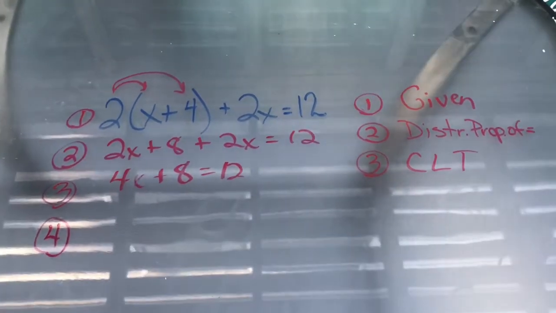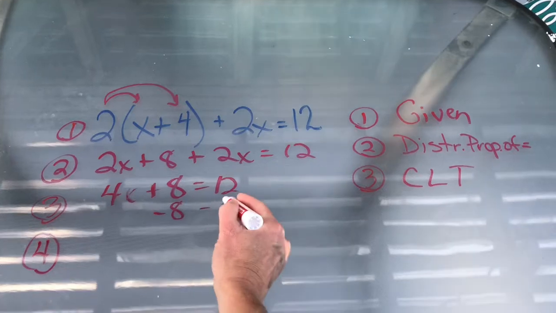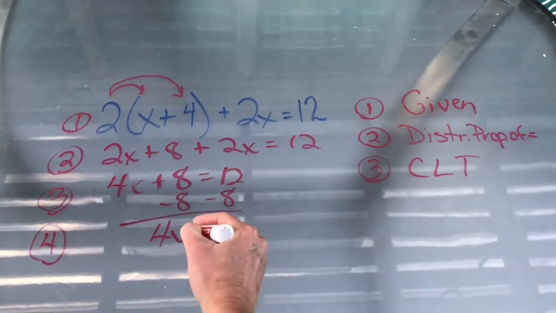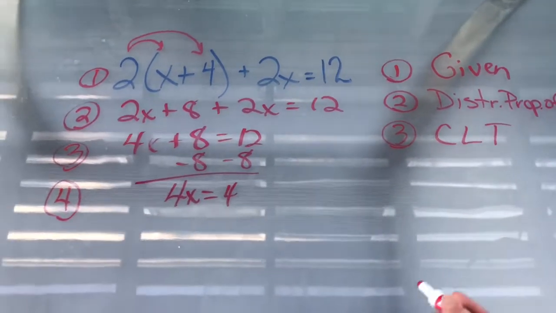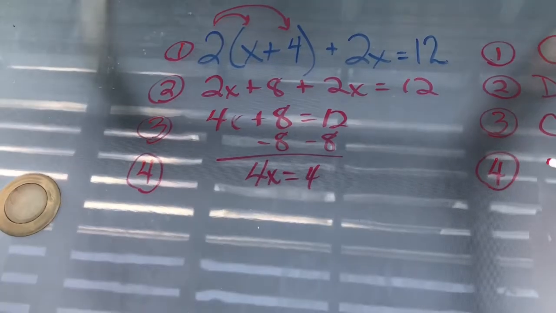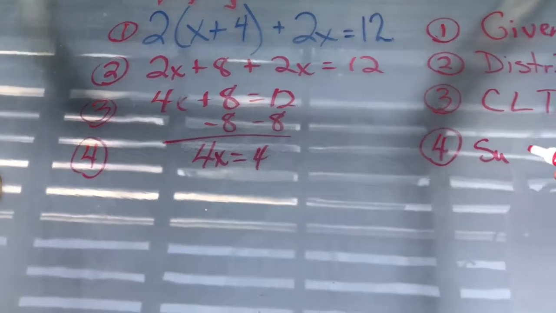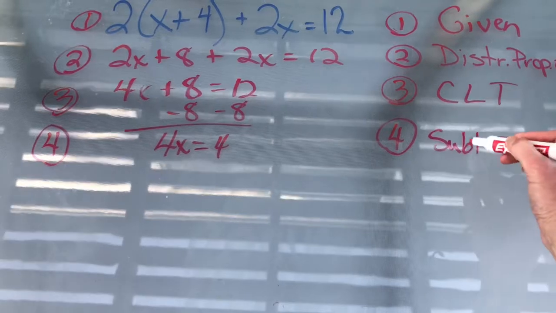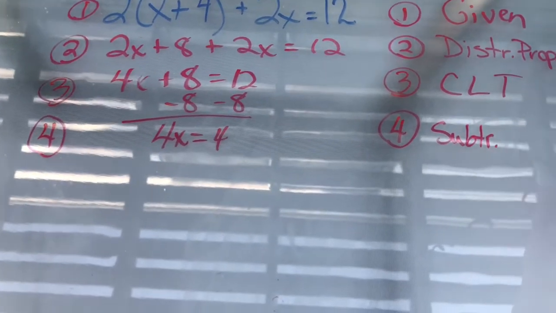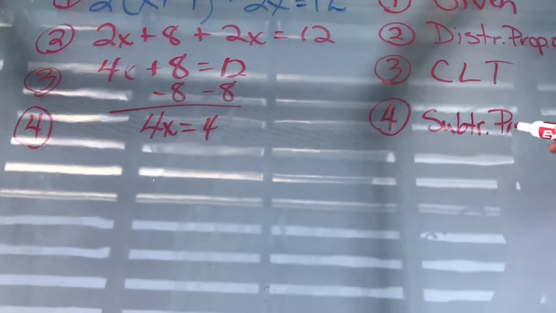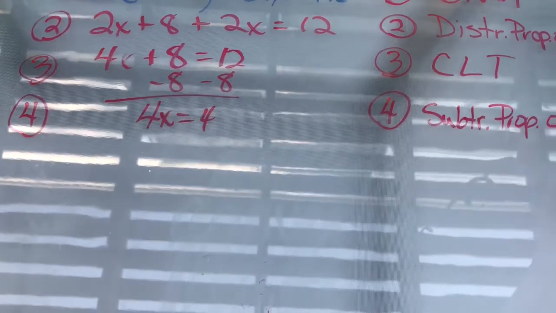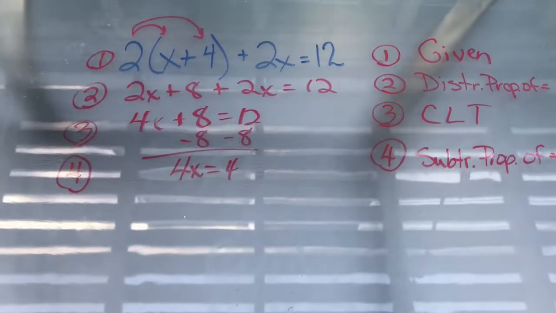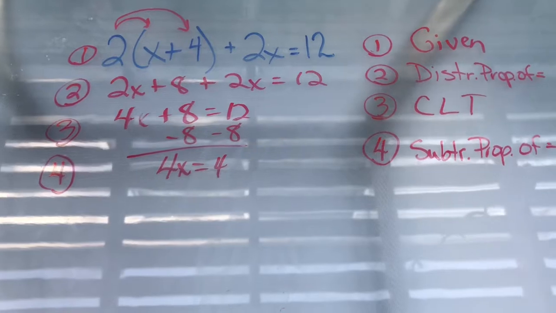Okay, next. Looks like I'm going to subtract 8 on both sides. Okay, so since I subtracted from both sides, the same thing, I'm going to call that the subtraction property of equality. So I'm going to go prop of equals. All right, we're doing pretty well here.